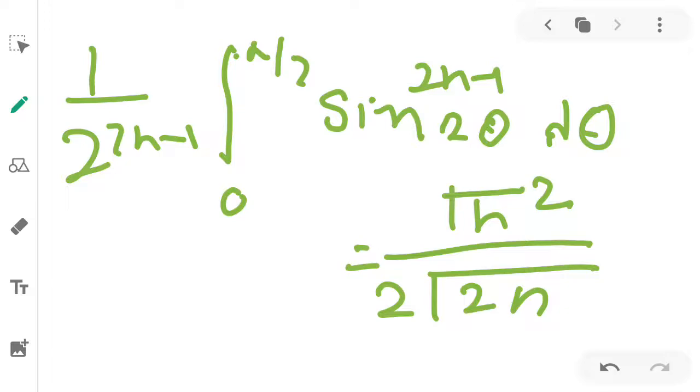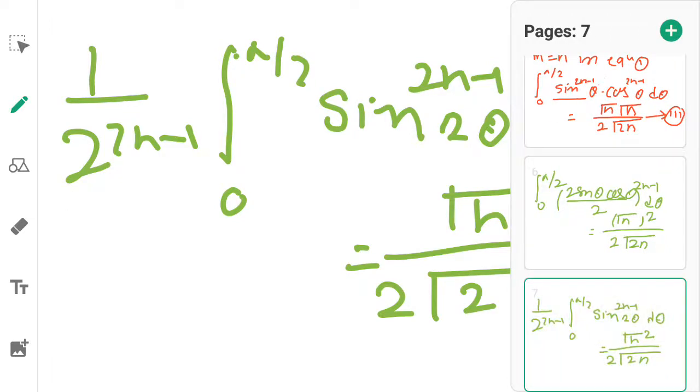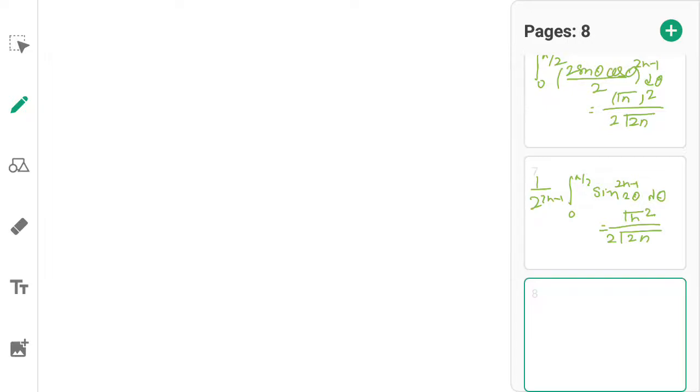Next step: we have to relate this integral to the previous integral. So now we will substitute 2 theta is equal to phi. The limits of phi will be 0 to pi.